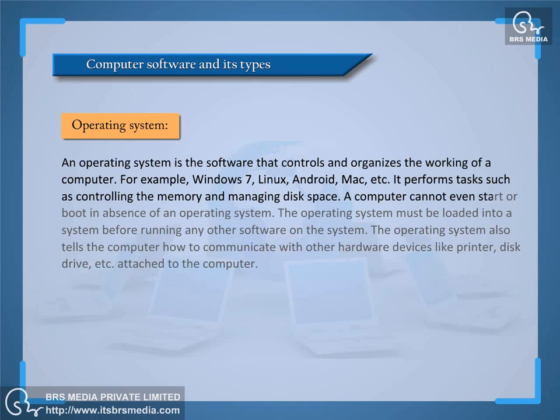A computer cannot even start or boot in absence of an operating system. The operating system must be loaded into a system before running any other software on the system. The operating system also tells the computer how to communicate with other hardware devices like printer, disk drive, etc. attached to the computer.